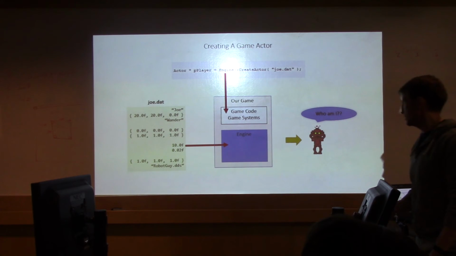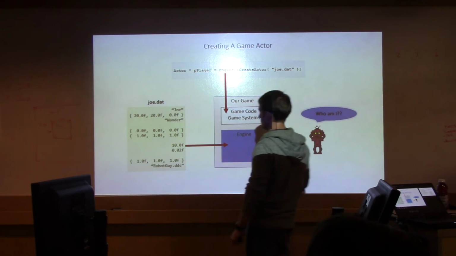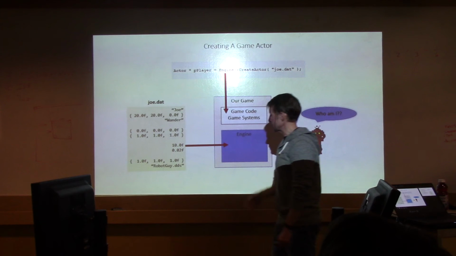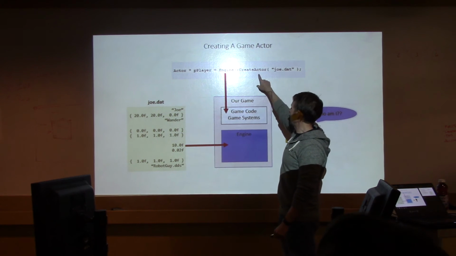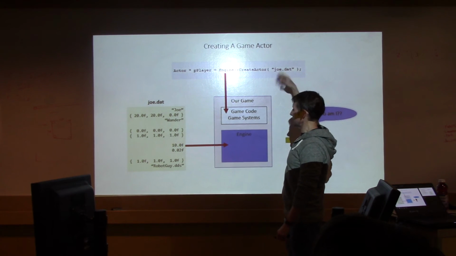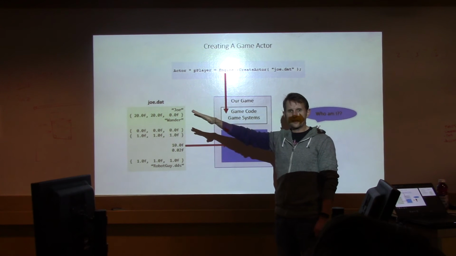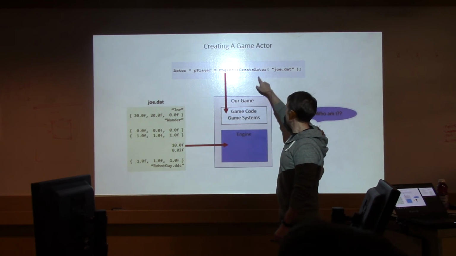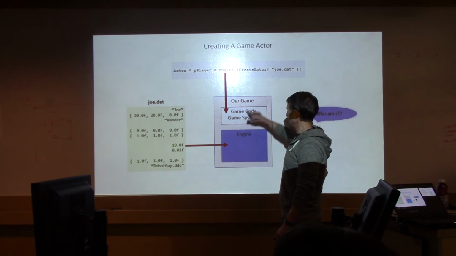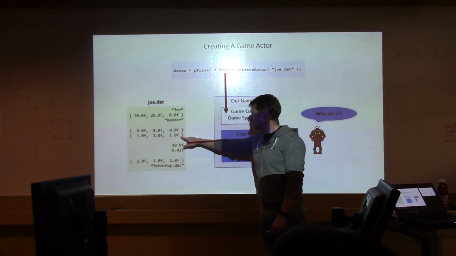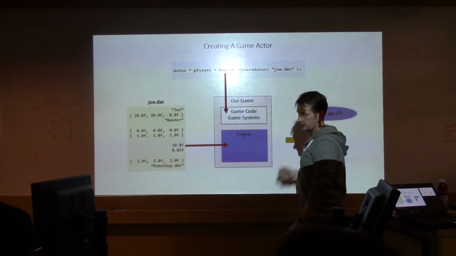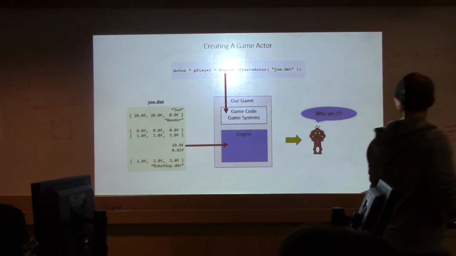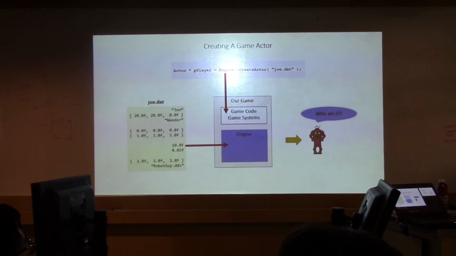I'd like to have some description of it that I can tweak, and then somewhere in my game I just say, hey engine, create an actor, and here's the name of the data file. The engine goes out and grabs this, brings it back in, and when it's done, my robot pops into the world and exists as far as my game is concerned. So that's kind of what we're getting at.